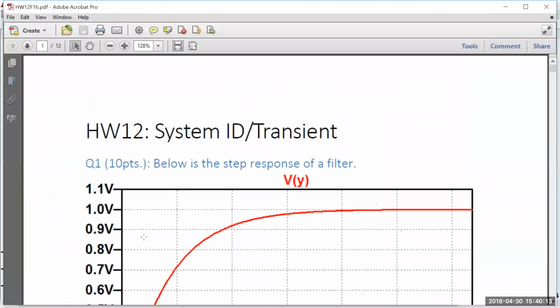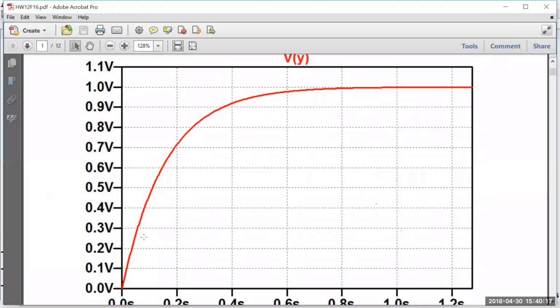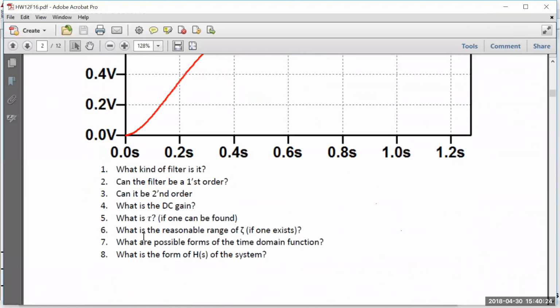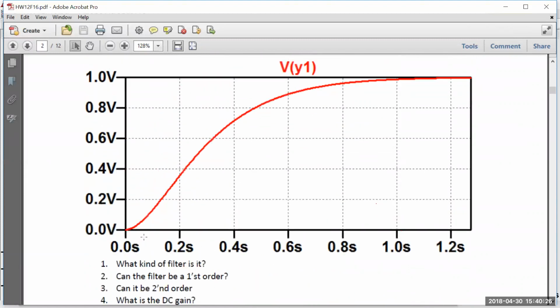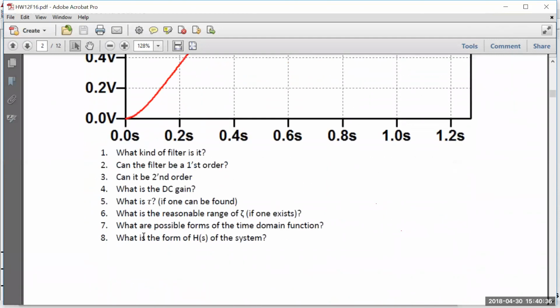All right. So, here's a step response. First order low pass. Can it be first order? Can it be second order? What is the DC gain? What is tau if one can be found?